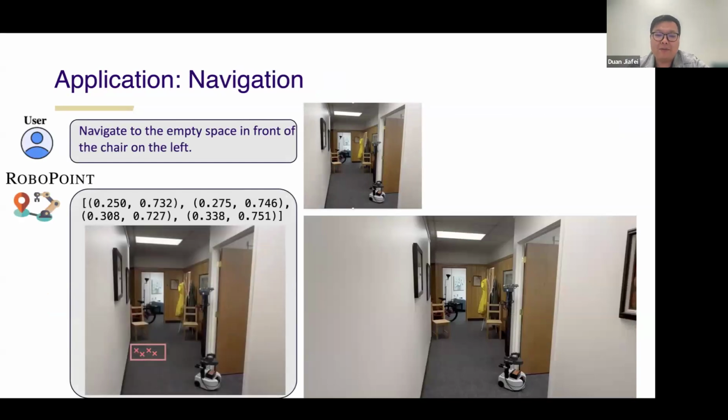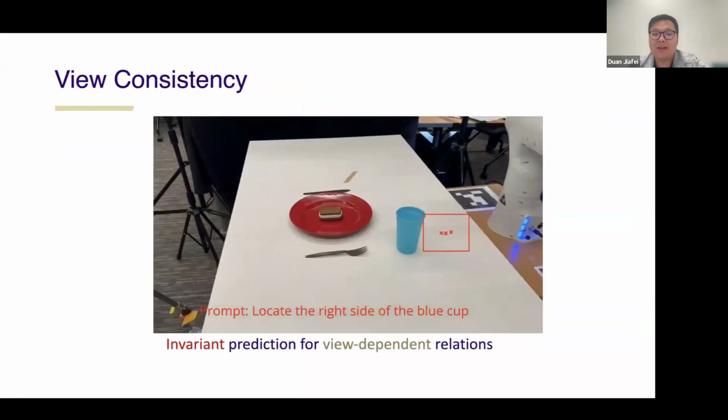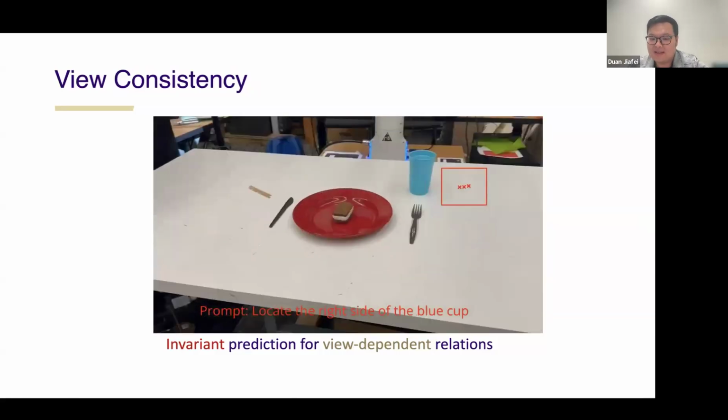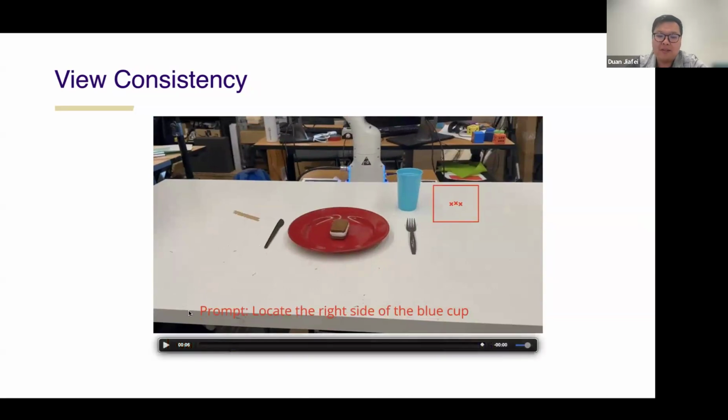Another one we can use it for is navigation. In this case, to navigate to the empty space in front of the chair on the left, RoboPoint is able to do that. And one of the really cool things I want to point out is that it's view consistent. It's an invariant prediction for view-dependent relations. In this case, maybe I'll play the video again.